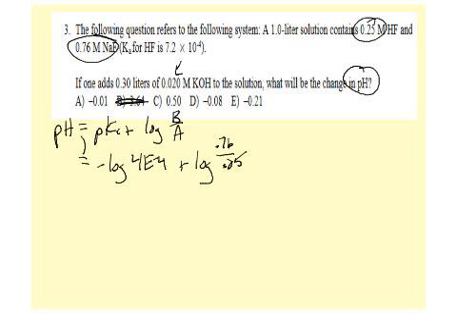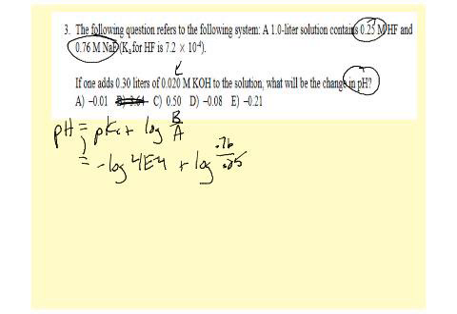Negative log 4E negative 4, plus log of 0.76 divided by 0.25. 0.76 divided by 0.25 equals 3.04.